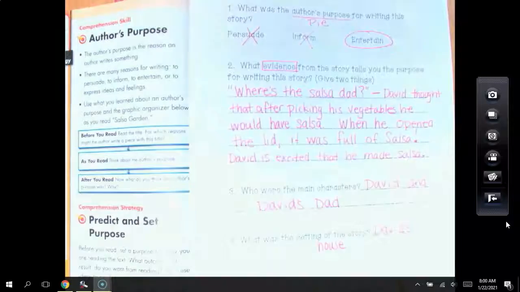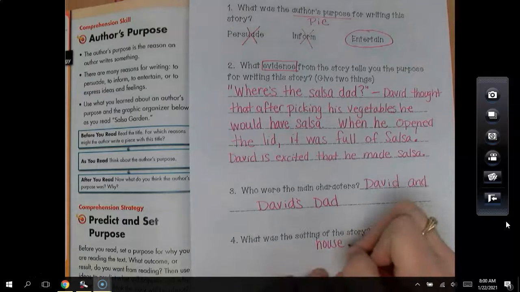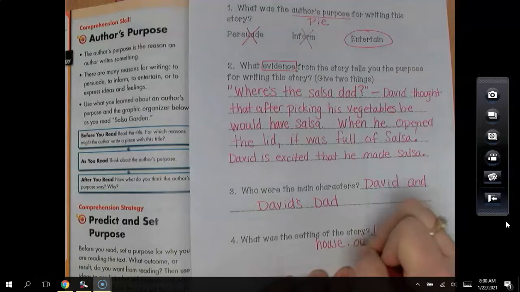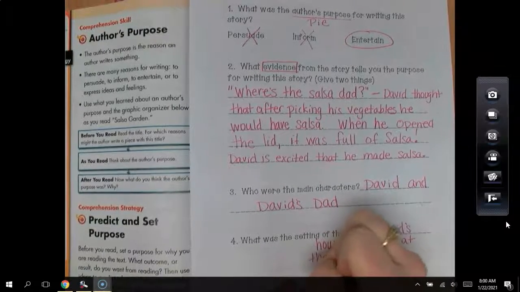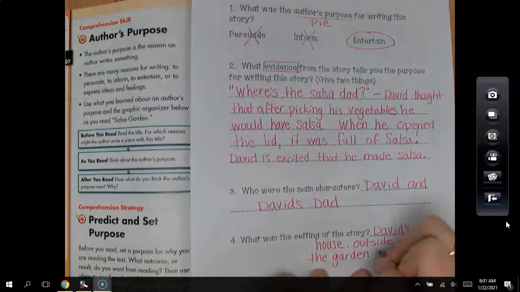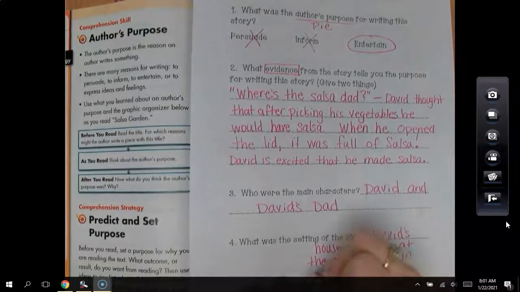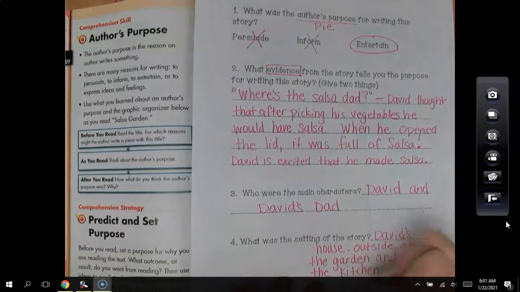You can even get more specific. Oh my goodness. One second, boys and girls. You can even get more specific. You could say outside at the garden. And it said in the kitchen.